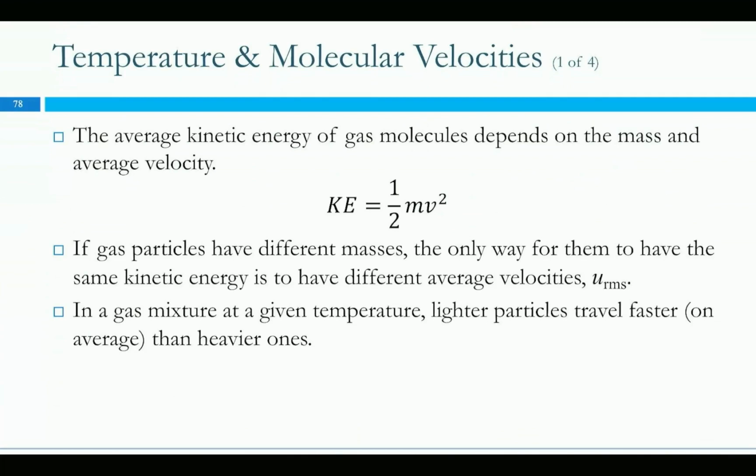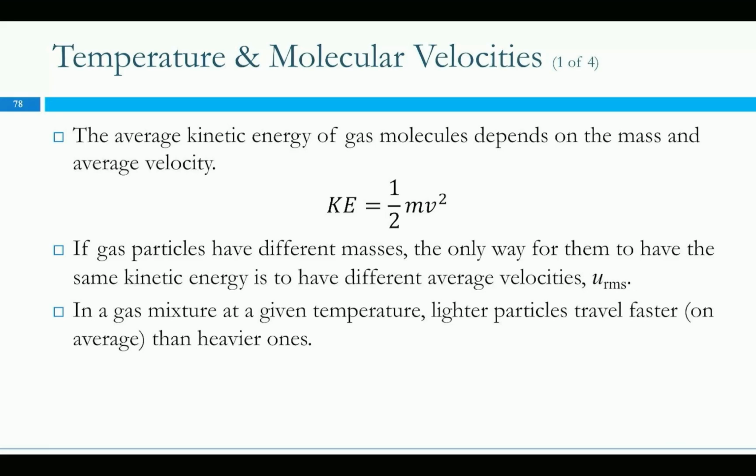So the temperature of a gas is related to the kinetic energy of those particles. Right? If I increase the temperature, I'm giving more kinetic energy to all of those particles as they're bouncing around. That's why pressure increases, because they've got more energy, they hit the walls harder, have more kinetic energy, so it creates more pressure. Now, kinetic energy is this physics equation, 1/2 mass times velocity squared.